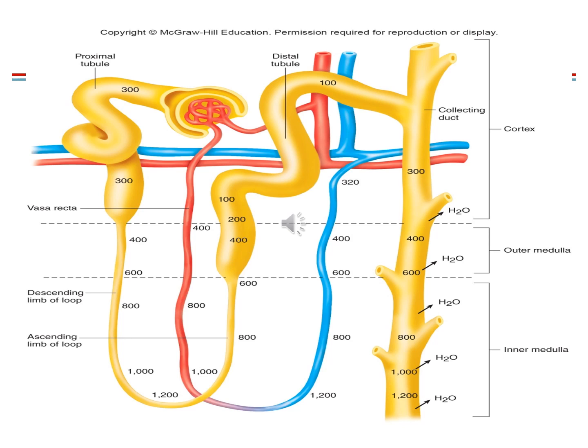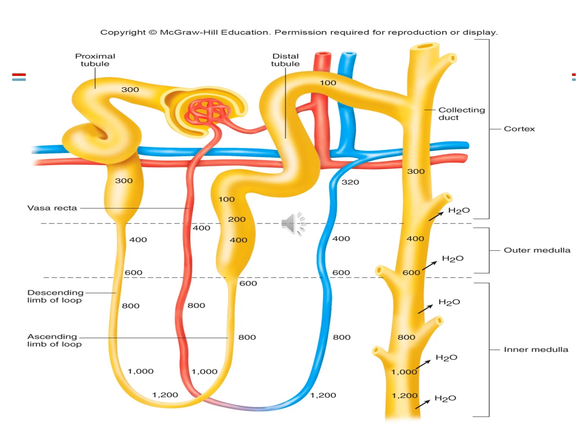In the descending limb that is only permeable to water, water is moving out of the descending limb into the medulla, following the higher concentration of the medulla.